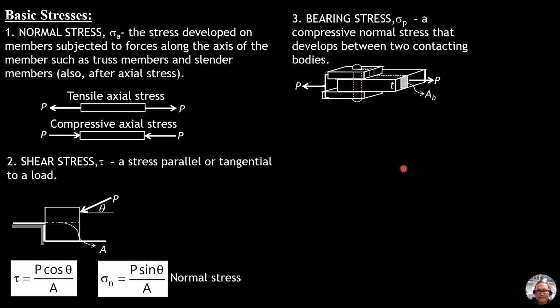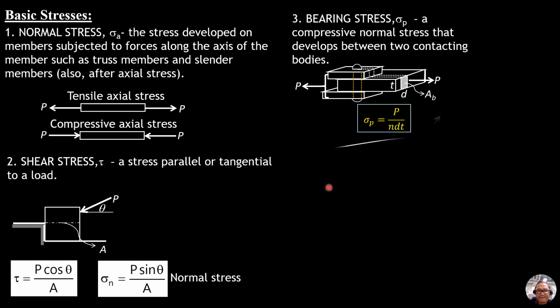So the bearing stress, sigma sub P, is equal to the load P over, in general, N times diameter times thickness, where diameter times thickness is the projected area of one bolt or rivet, and N is the number of bolts or rivets.